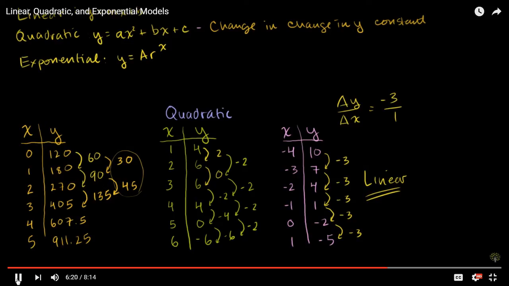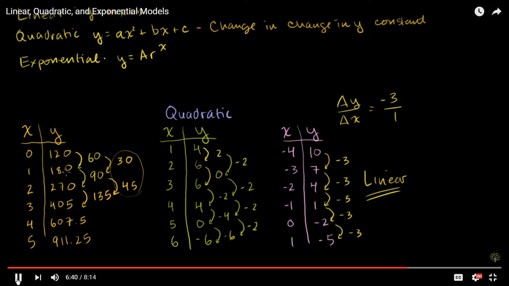But let me give you the way that we can figure out if something is exponential. So when x increases by 1 in an exponential, you should always have a constant multiplying factor. So when you go from one term to the next term, they should be a similar ratio from one to the next.